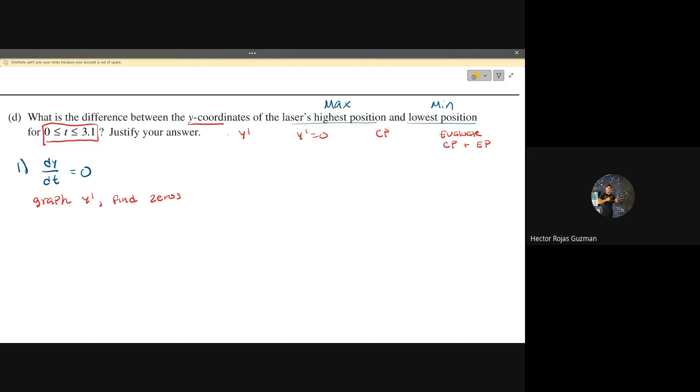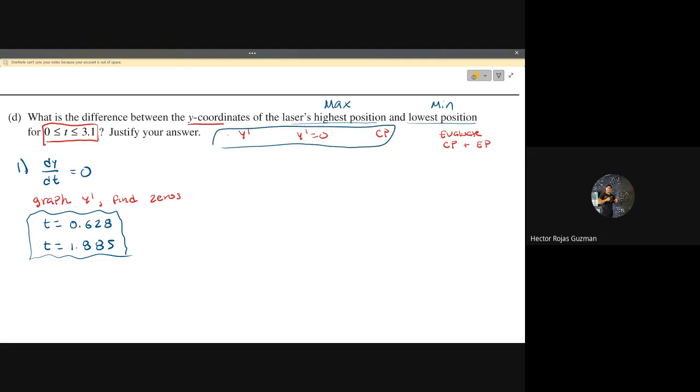And when you do that, you're going to get 2 critical points within the interval. My 2 critical points are 0.628, and the other critical point is 1.885. So that covers these first 3 general steps.